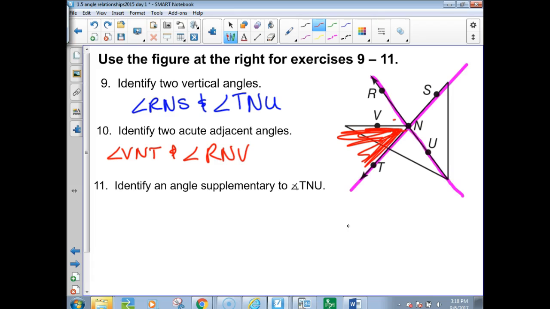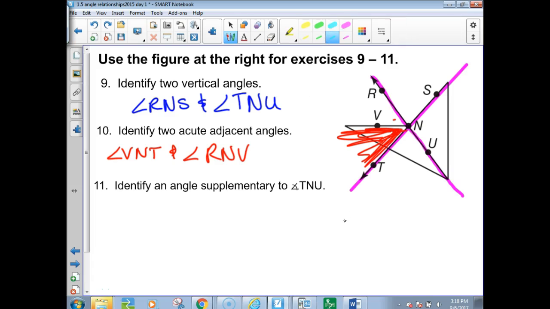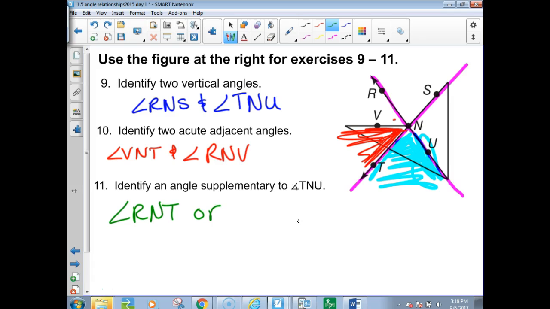Good. All right, I need an angle supplementary to angle TNU. Okay, Darylyn, you wanted to give me, this is TNU right here. RNT, great, that'll work. Does anybody have another answer? Kenny? Or trying to grab somebody I haven't talked to.